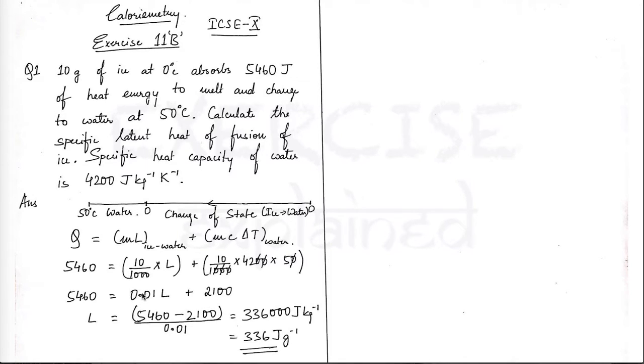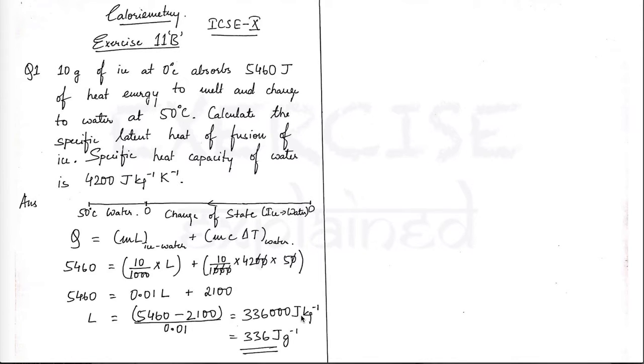And this 0.01, it's been divided, so divided by 0.01. So 5460 minus 2100 gives us 3360 divided by 0.01. Now we multiply numerator and denominator by 100, we get 336000 divided by 1 joules per kg.